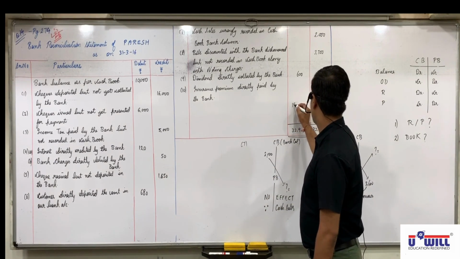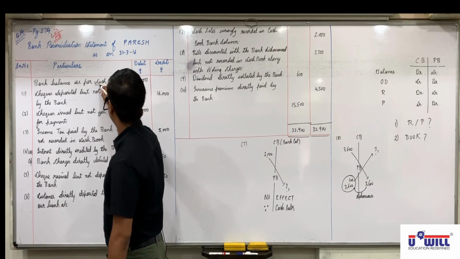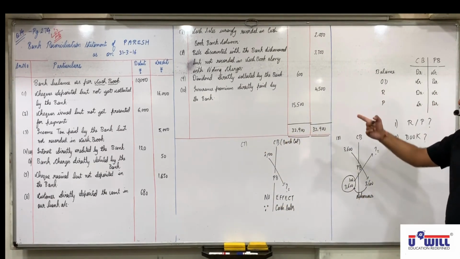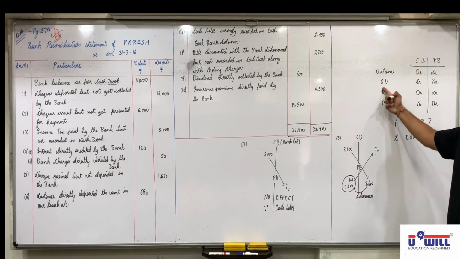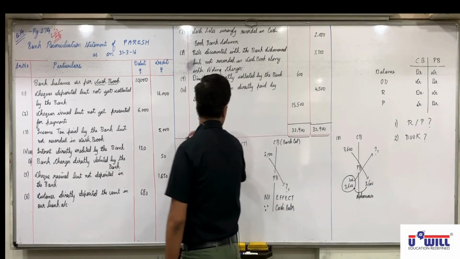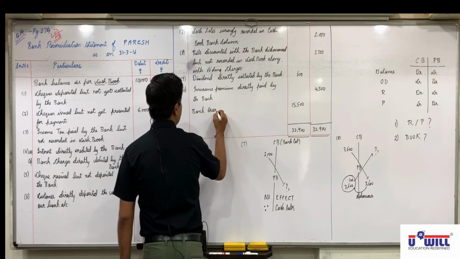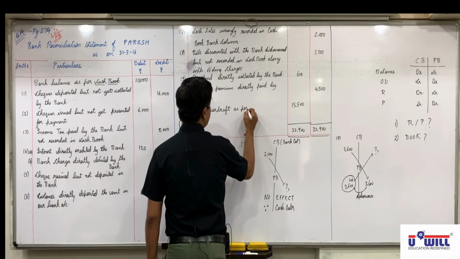Balancing amount? 15,500. Now we started with cash book, so we will end with passbook. Which side do we get the answer? Debit. What is passbook's debit? Overdraft. So bank overdraft as per passbook. Okay, answer will be bank overdraft as per passbook.